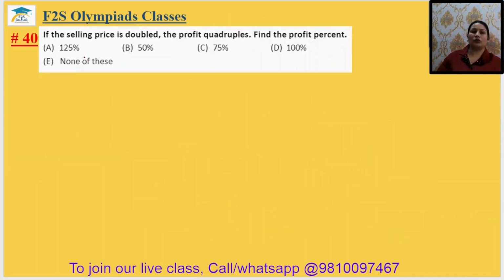Okay, now question number 40. If the selling price is doubled and the profit quadruples, means 4 times, what is the profit percentage?